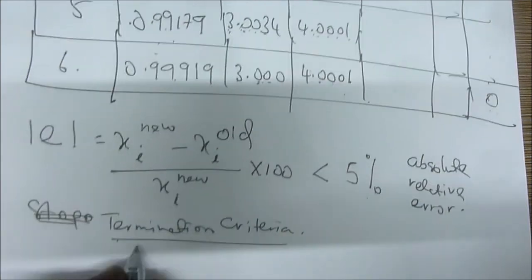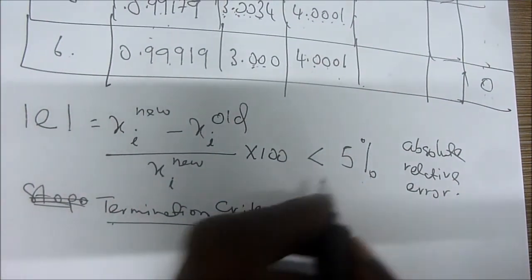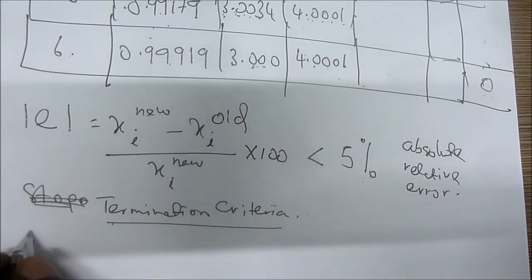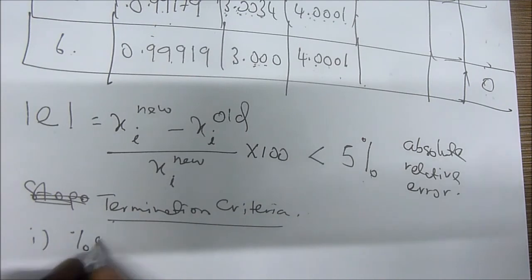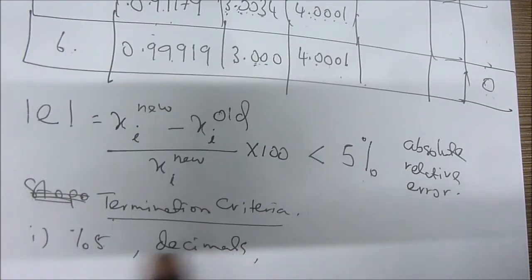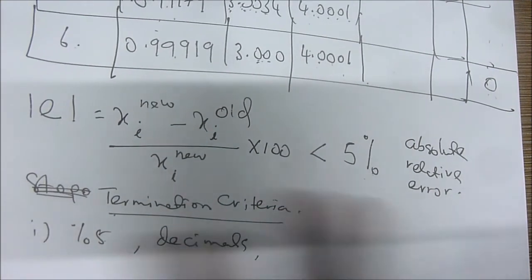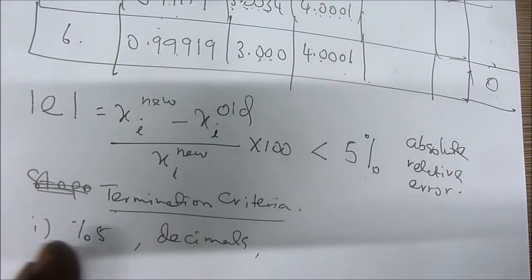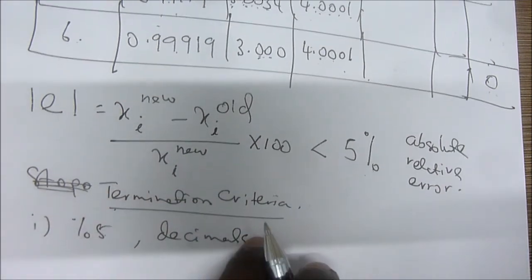They may use a percentage. How many percentage? They may use decimals to say, you follow these decimals, you must stop. Basically, other than this, very rare. They never ask you anything more than that.